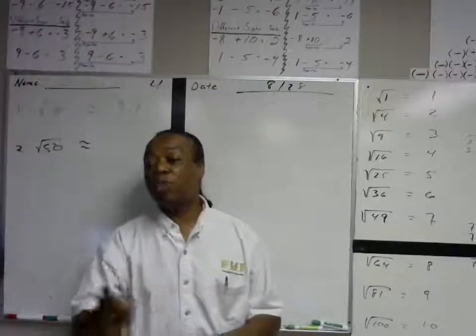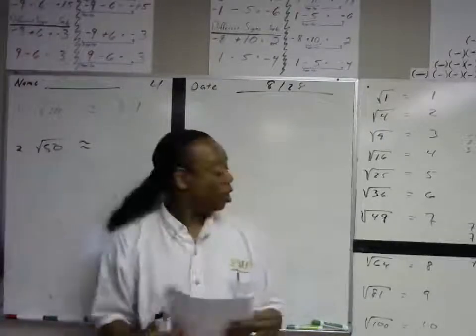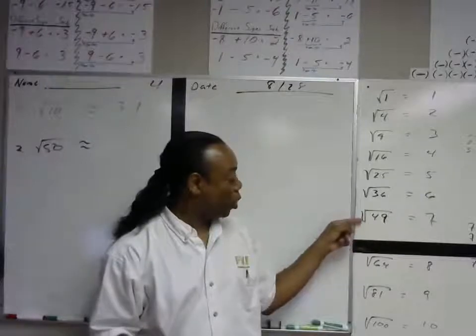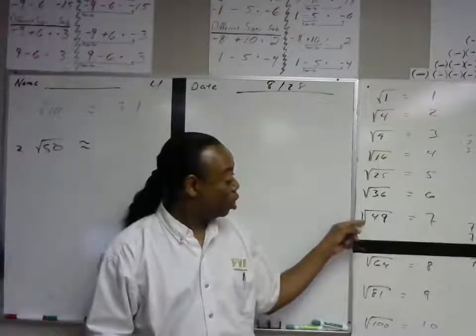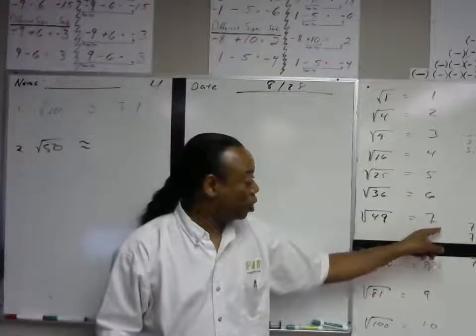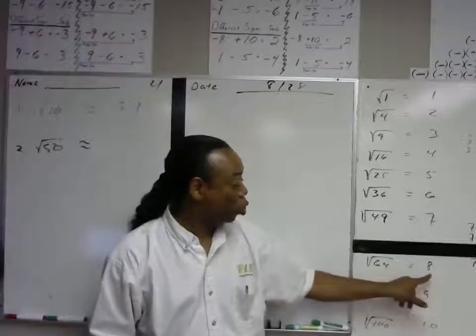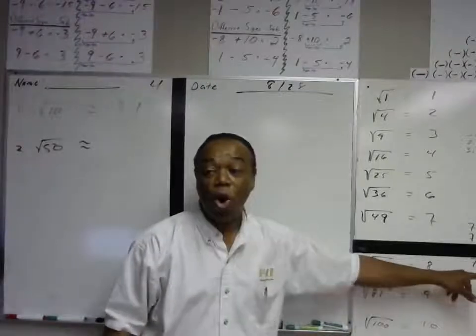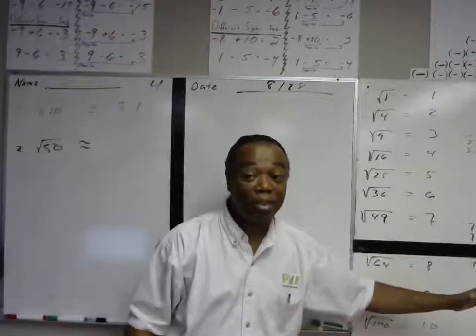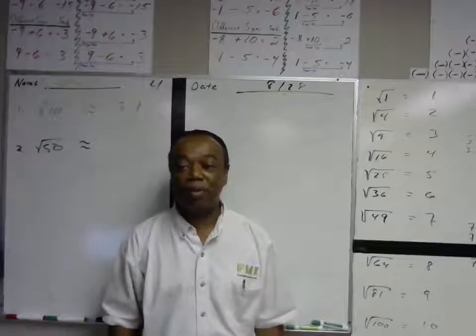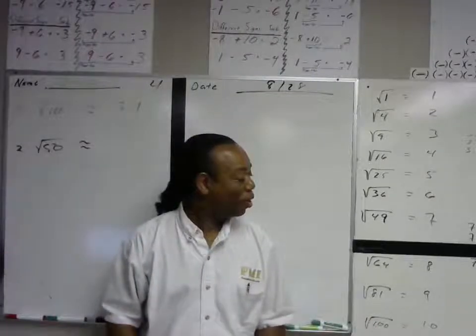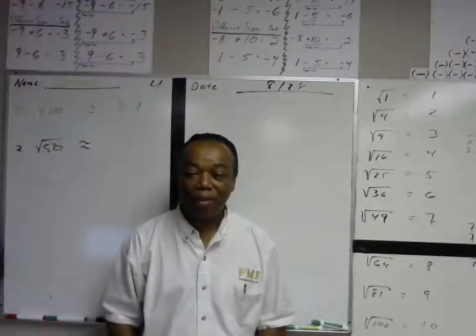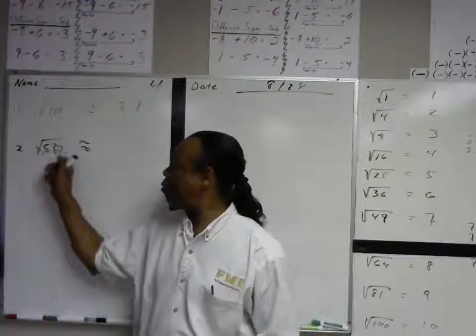Okay. What would you say, Andres? Square root of 50 is between square root of 49 and square root of 64. It is between those. But would it be closer to the 7, like 7.1, or would it be closer to the 8, like 7.9, or do you think it's kind of in the middle, 7.5? What would you say? Yep, the square root of 50.